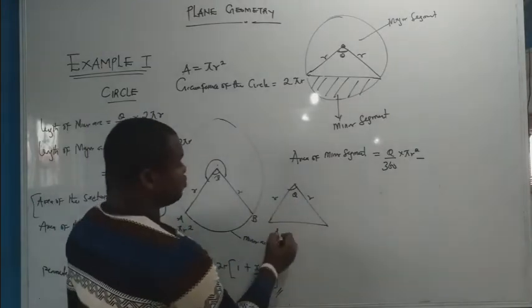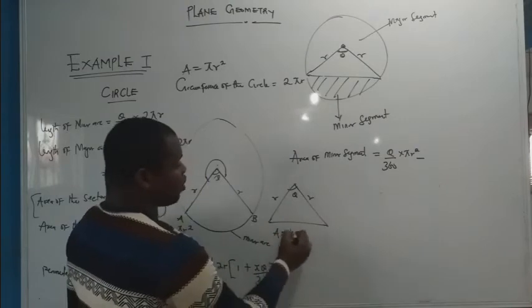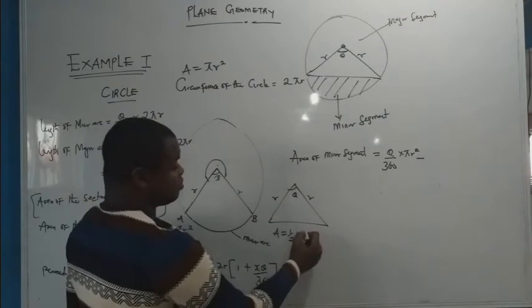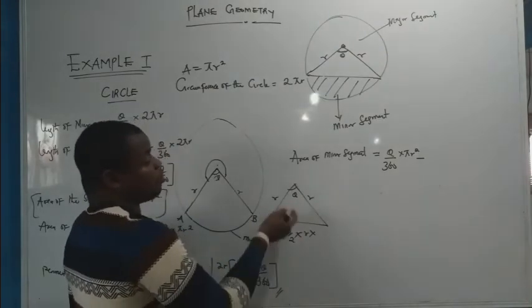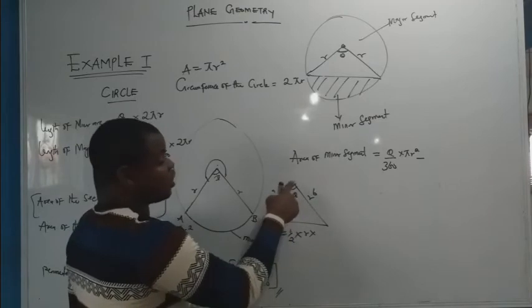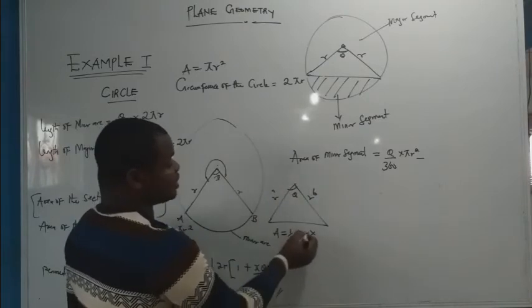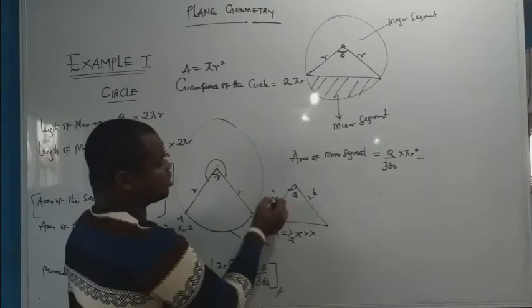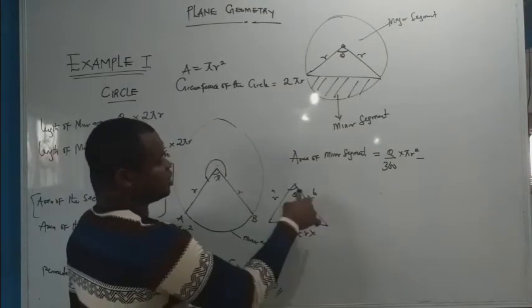So the area is half times this side, say this is your A, this is your B, and this is your angle C. So it's going to be half times A times B sine C.